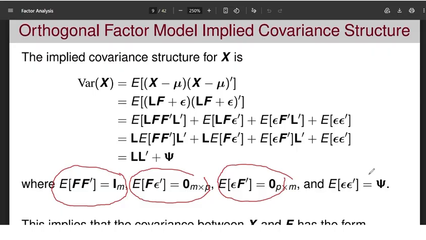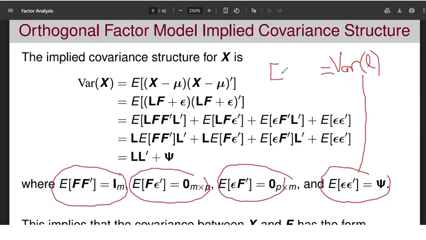And the expected value of this equals that, because this guy is the same thing as the variance. Just like in lower level statistics, the variance of the error is the same thing as the expected value of the error squared. You know why?